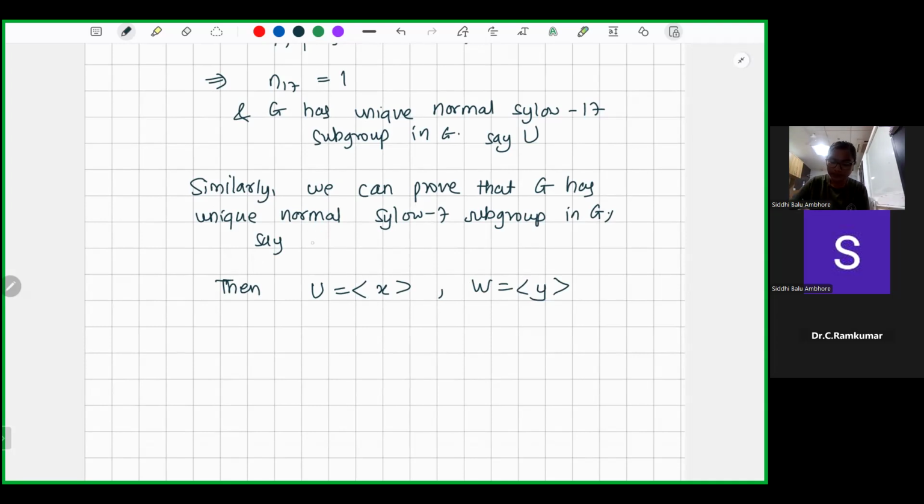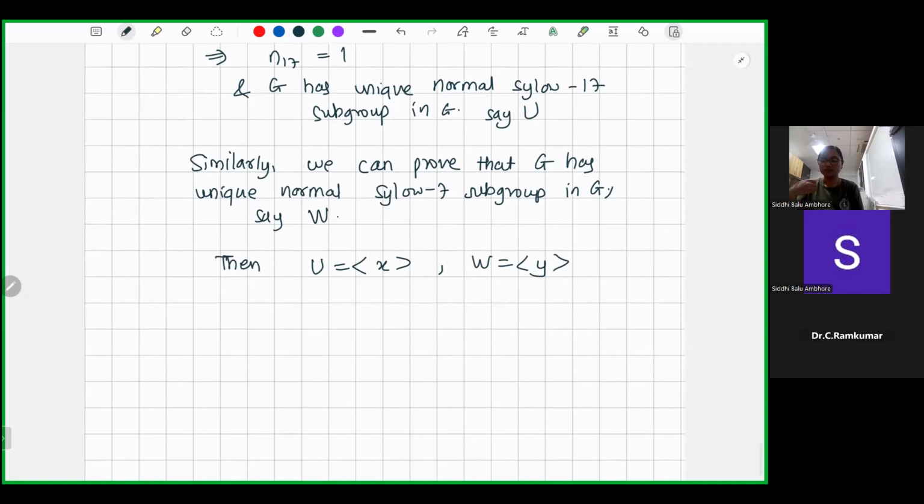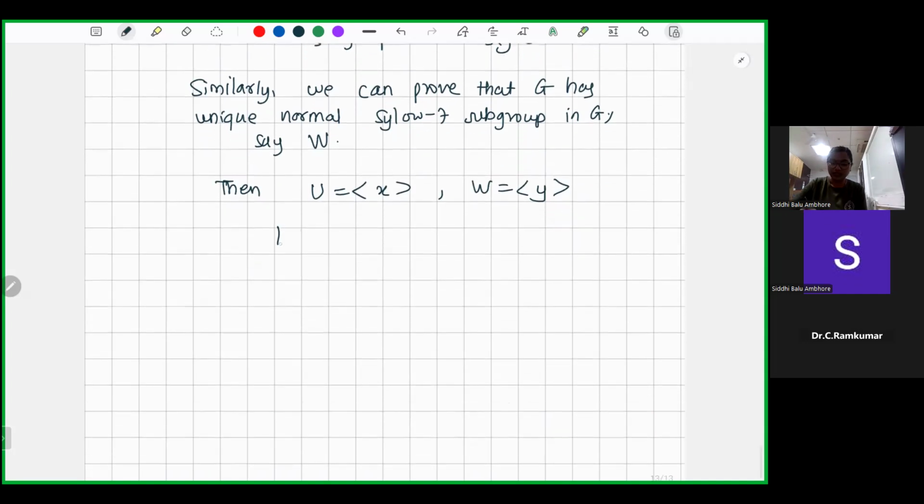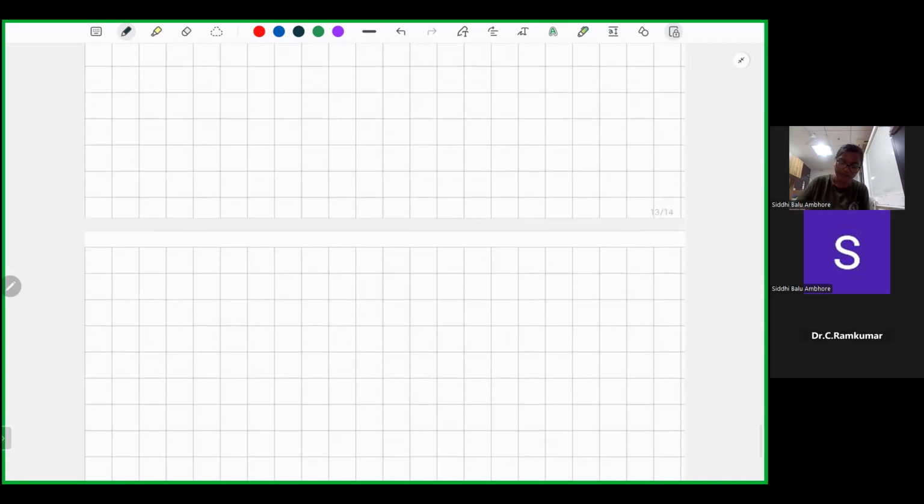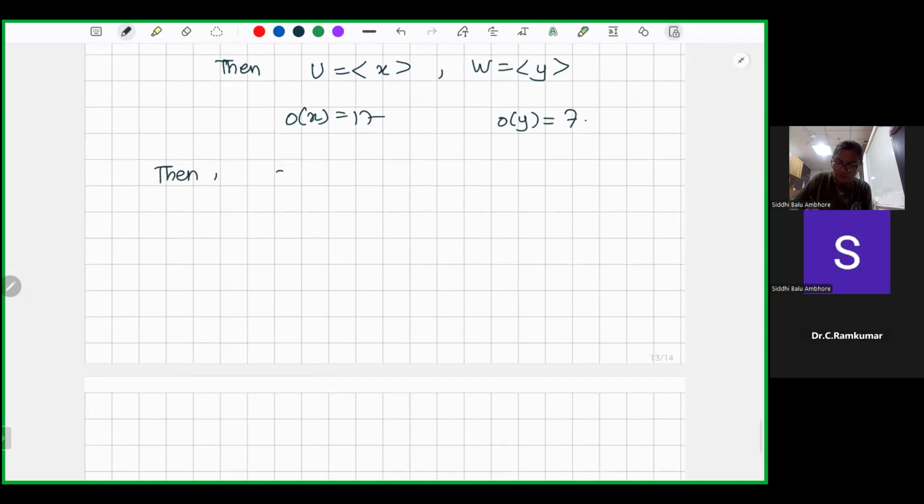So they will be generated by some elements such that the order of x is 17 and the order of y is 7. And then we can check that the order of this element xy will be 17 into 7, right?